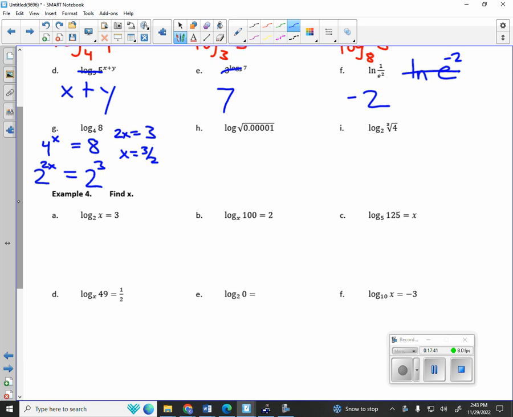Look at the next one here. What's the base? 10. So this is 10 to what power is equal to the square root of, what number is that? Let's see, 1/10th, 100th, 1,000th, 1/10,000, 1/100,000th. We got that? So the square root of 1/100,000th. Okay, I have a base of 10 over here. I'd like to get a base of 10 over here. Square root means to what power? Close, 1/2.